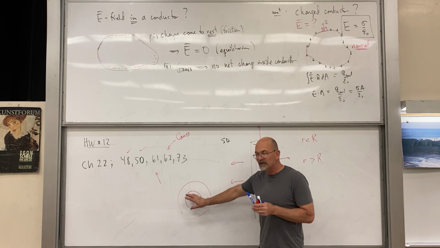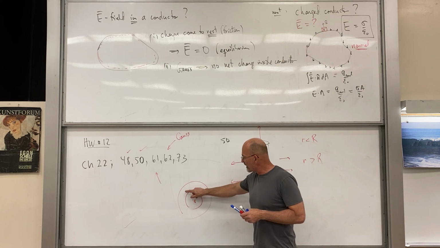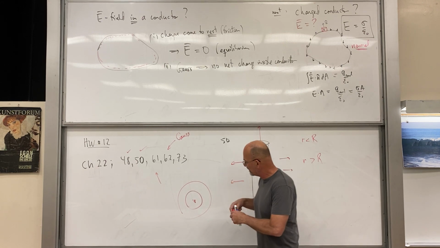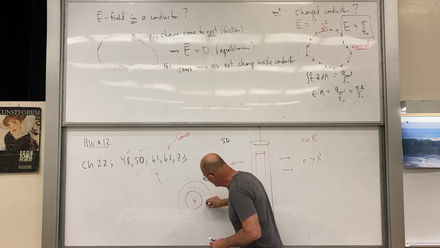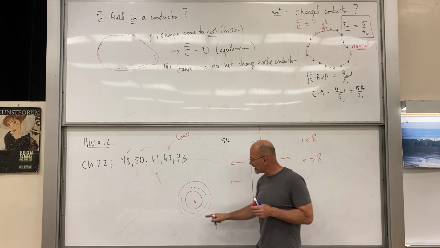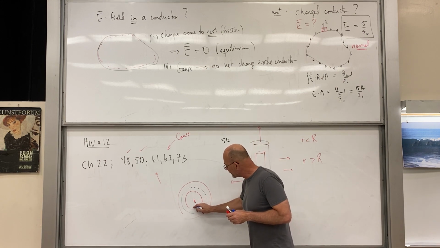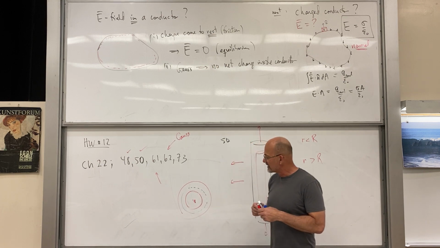And you have the full symmetry of the situation. You have Gauss's law, very basic. After all, remember, inside here, no field. Therefore, no net charge inside. If you've got Q here, you're going to have your minus Q distributed on the surface there and so forth. So that's a good problem.